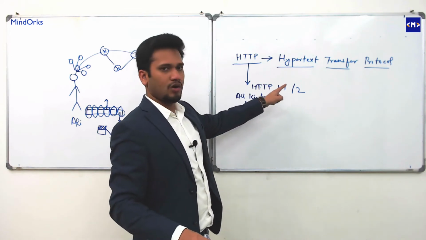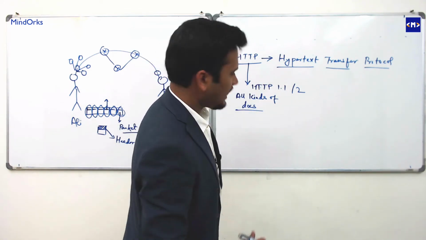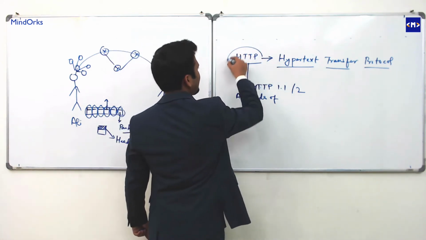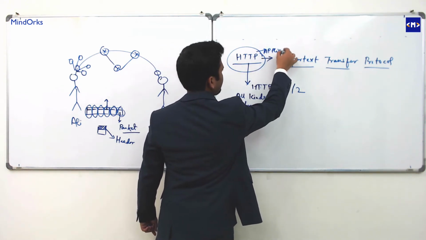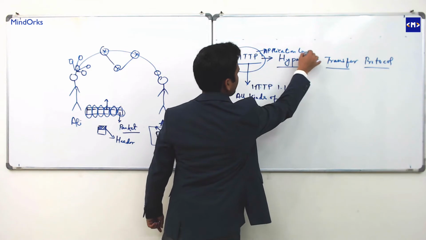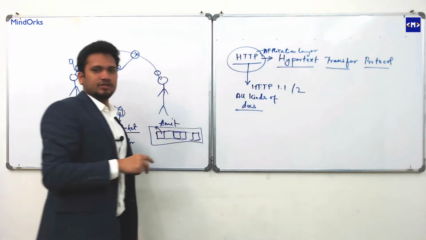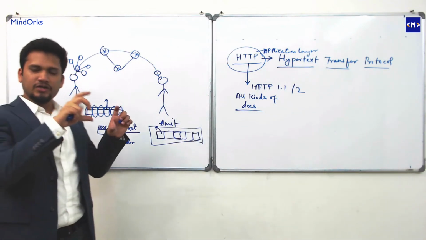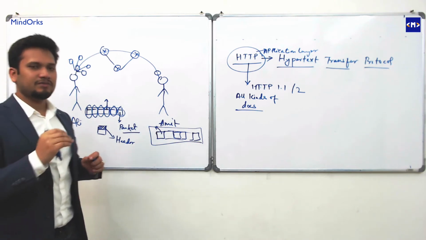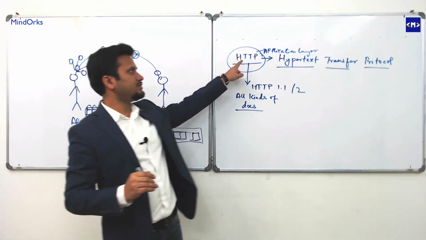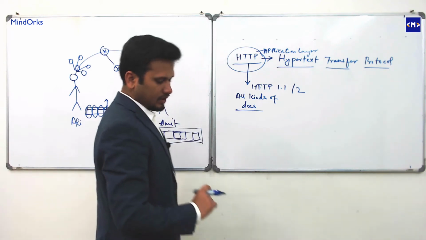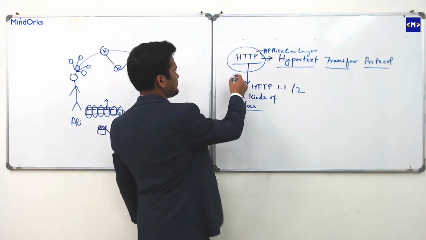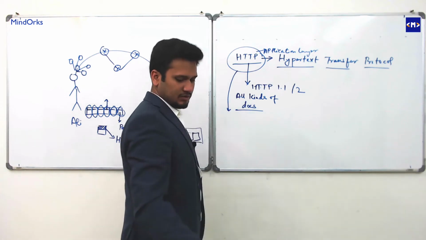And this HTTP comes in the application layer, in the diagram that we drew, where we have the application layer on top, above the transport protocol. So HTTP is an application layer protocol, and it follows the client-server model.